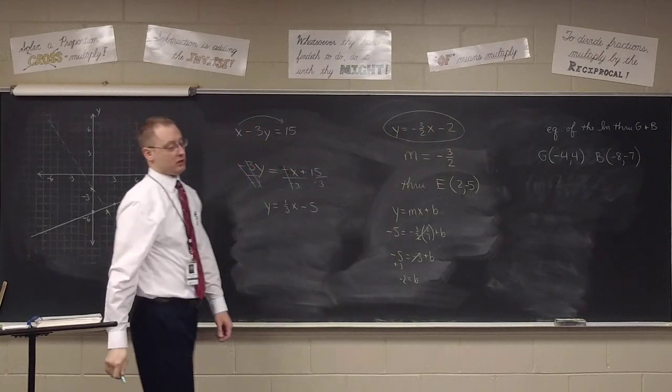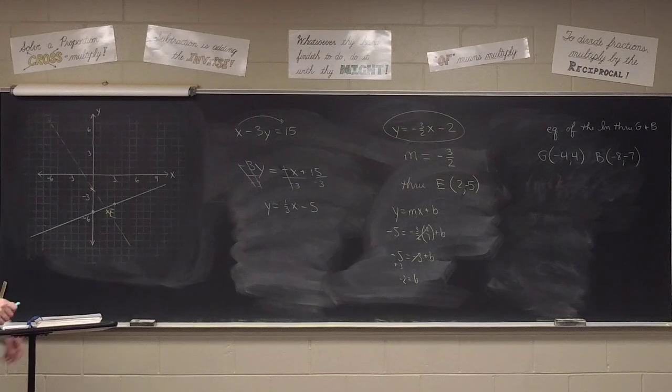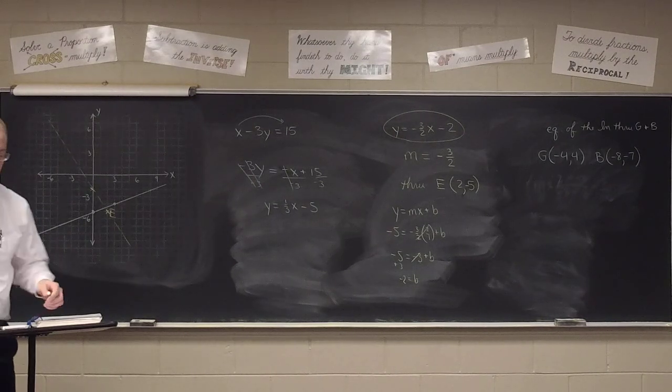Do we get this equation for the line going through point E? All right, we've got 2 points, G and B. G is -4, 4, B is -8, -7. Again, we could plot the points, graph the line easily enough, but I want the equation of the line through those 2 points.